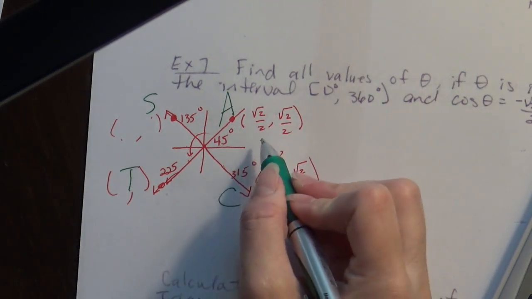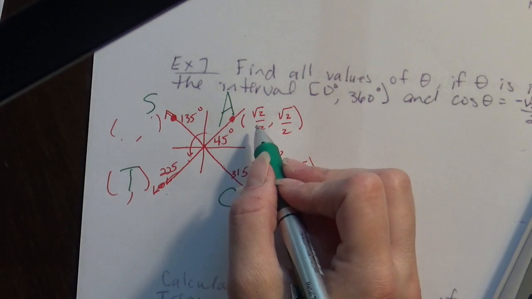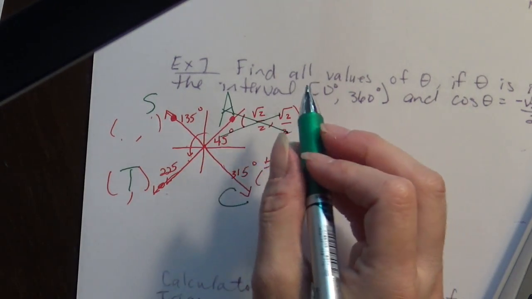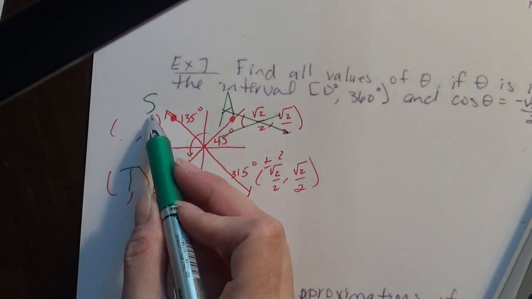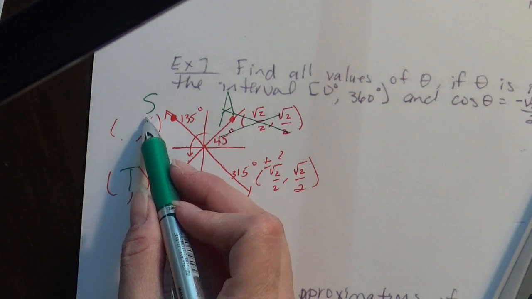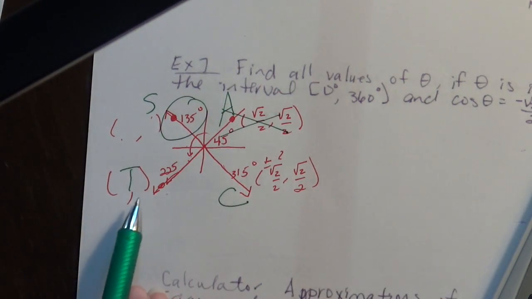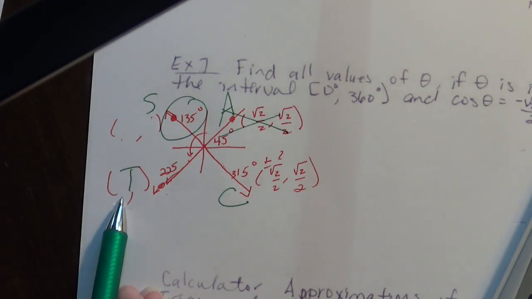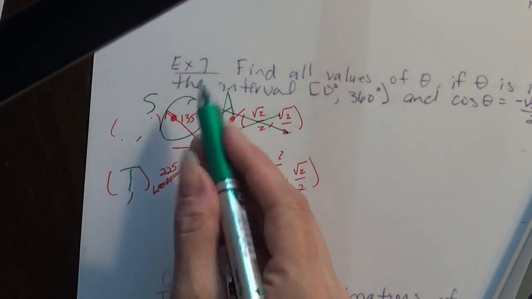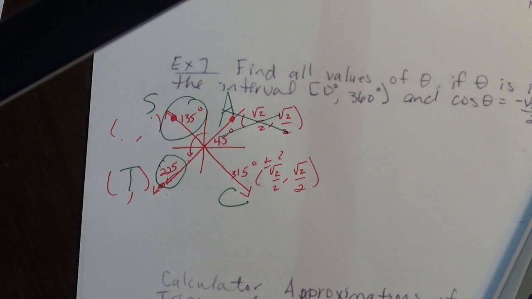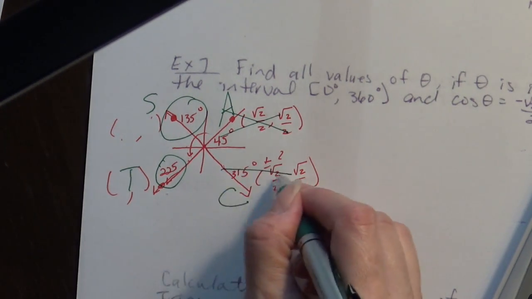Here cosine, the x-coordinate, is positive, so it's not here. Over here, sine is positive, so that means cosine is negative. So we can choose this one. Here, tangent is positive, so that means cosine is going to be negative. So we can choose this one. And back down here, cosine is positive, so it's not there.